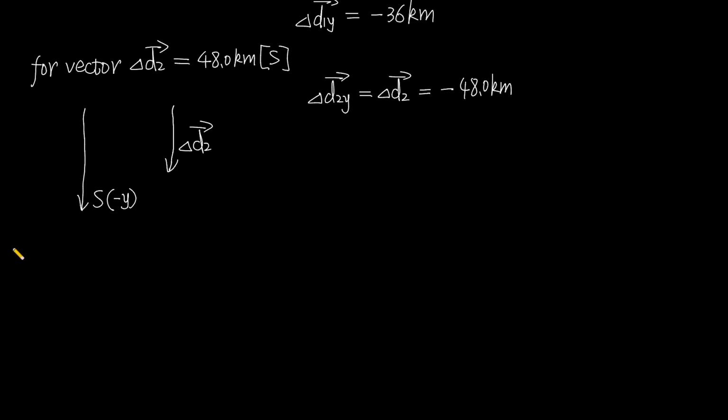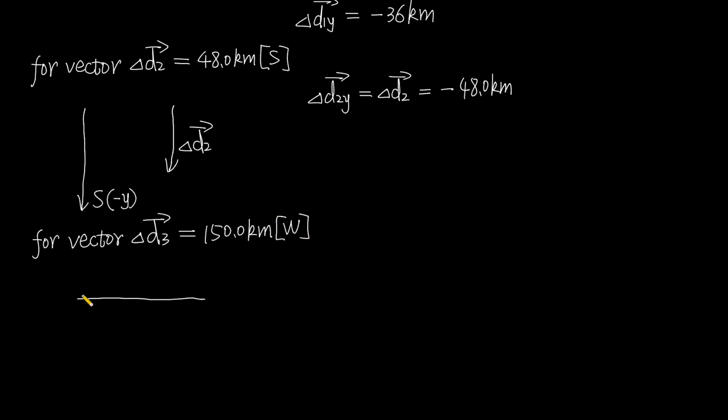Then for vector delta D3 is 150 kilometers west. And this direction is west, also negative x direction. And this is just the vector delta D3.